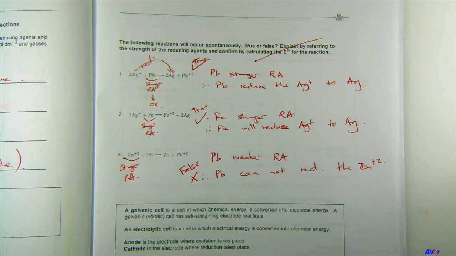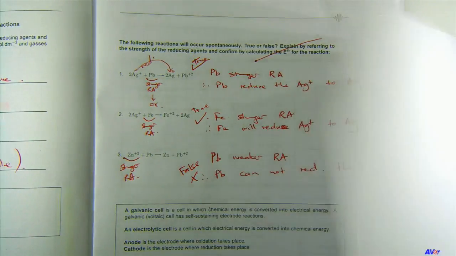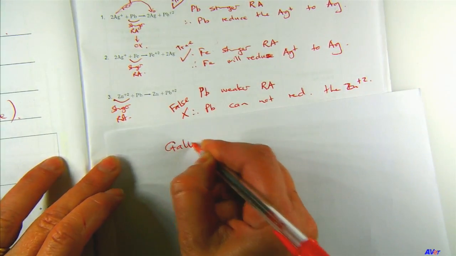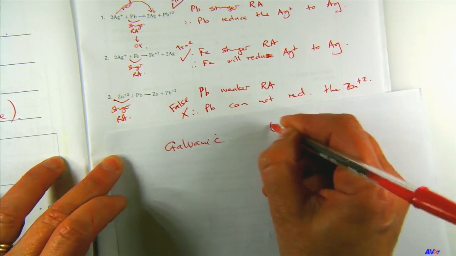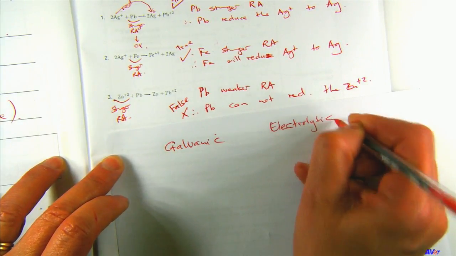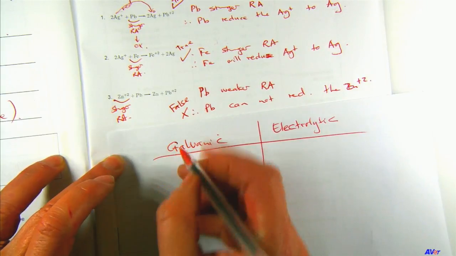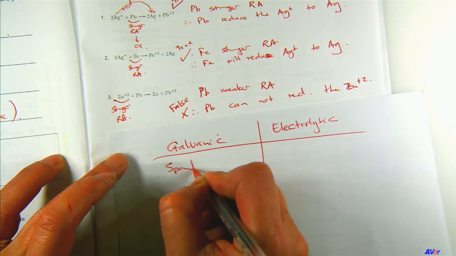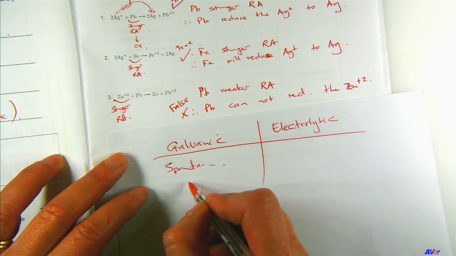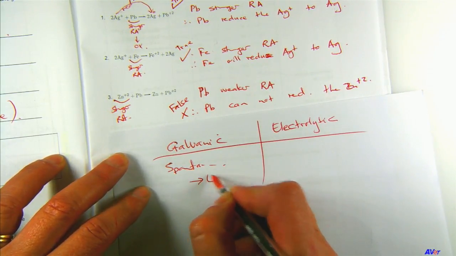Now the question is, why do we spend such a lot of time on spontaneous and not spontaneous? Because we're going to look at two different types of cells: galvanic cells and electrolytic cells. Galvanic cells have spontaneous reactions, and the spontaneous reaction gives off electrical energy.